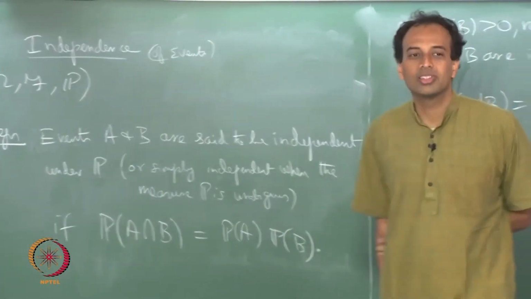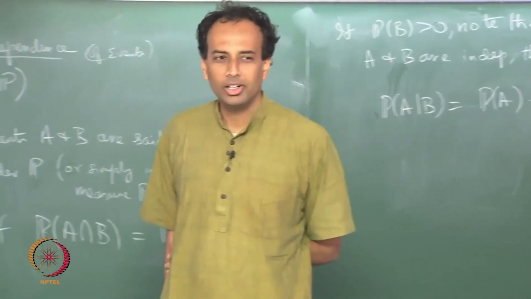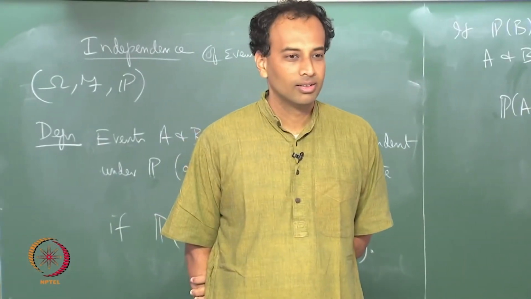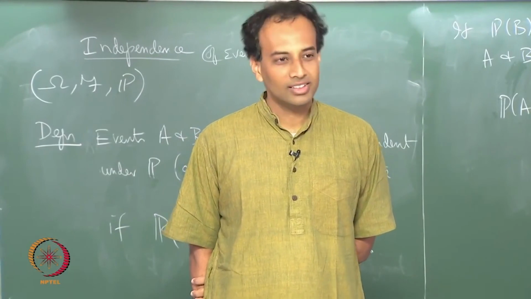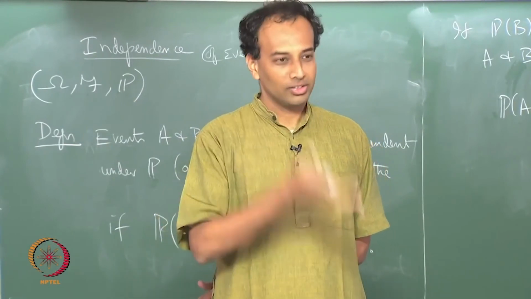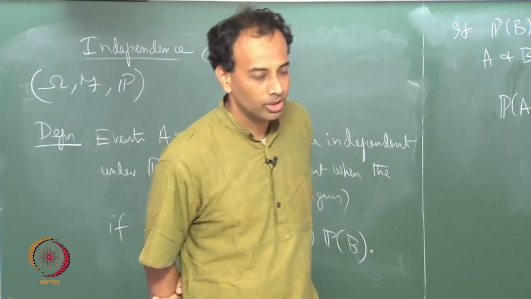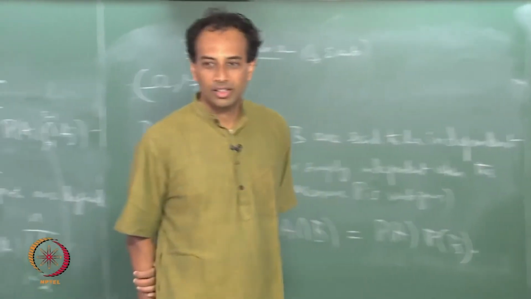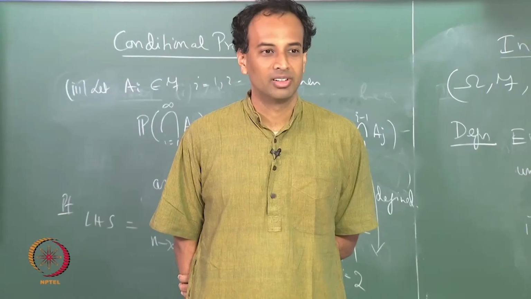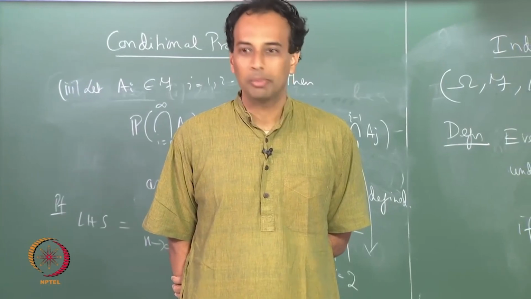So, let me ask you a question: can an event A be independent of itself? I am taking this argument to an extreme. The occurrence of A says everything about the occurrence of A. Can an event A be independent of itself? You simply apply the definition.